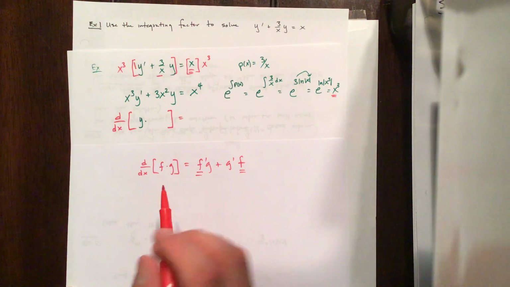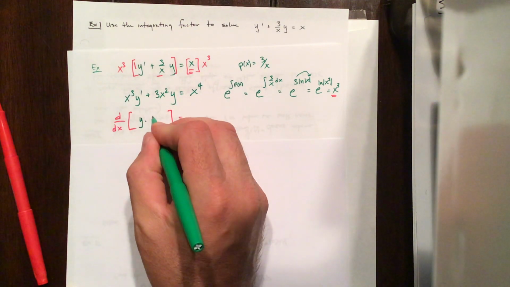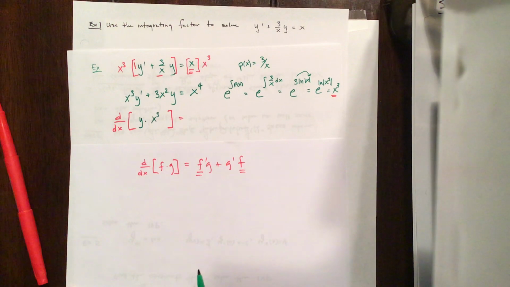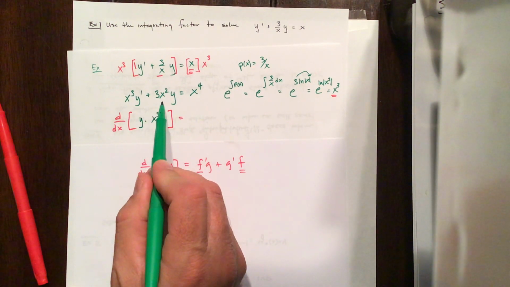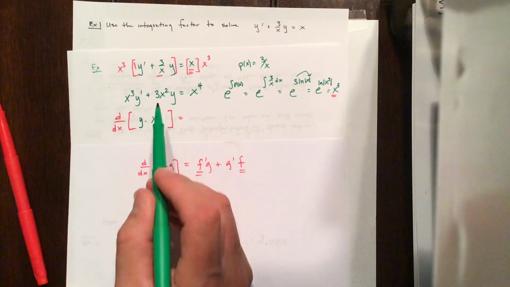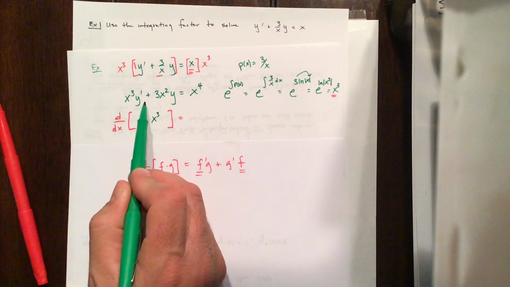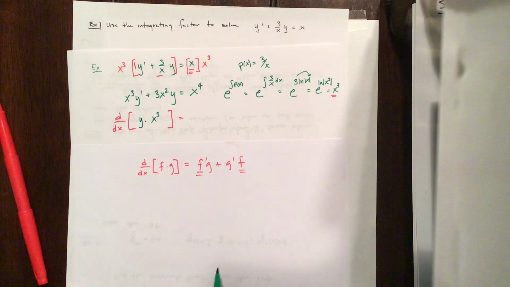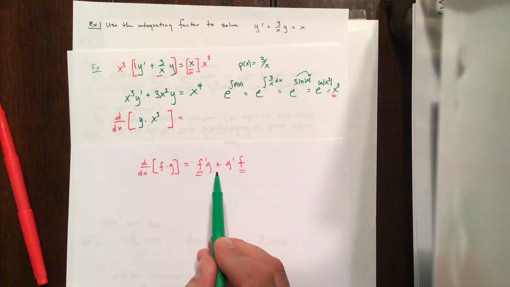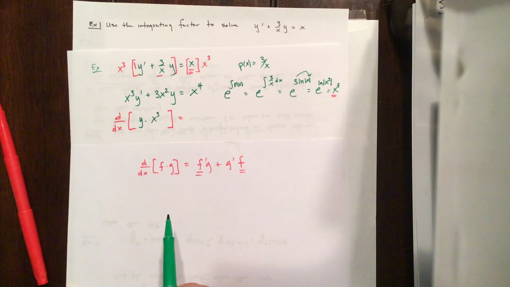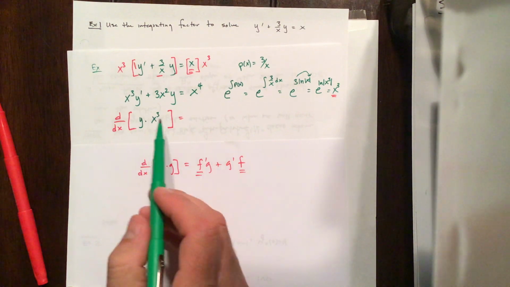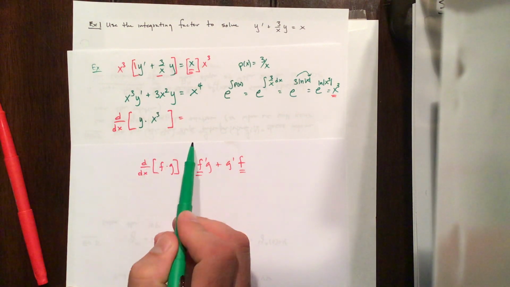Well, the answer is x cubed, because 3x squared is my g prime. So I have f prime g plus g prime f. There you go. The left-hand side is the derivative of this product.